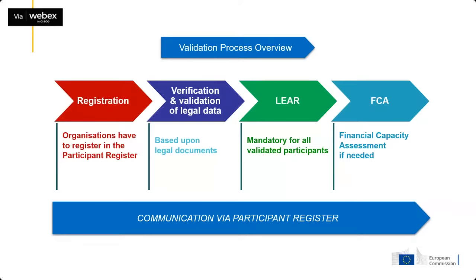So this is the first time I would like to highlight that once you are requested specific documents, it's good to submit them all as soon as possible, so we can start all these processes simultaneously.